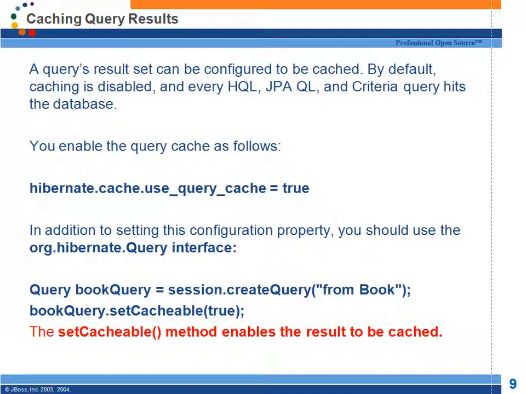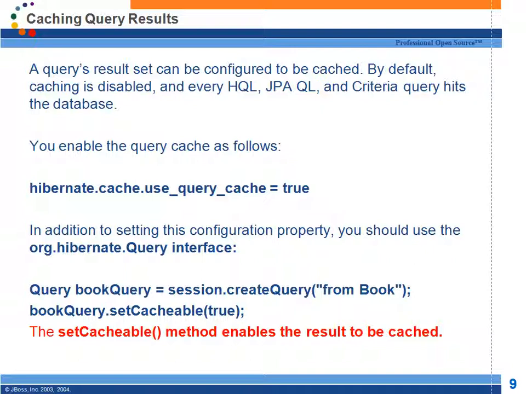So there are basically 3 types of cache regions: class cache, collection cache, and query cache. By default, query caching is not enabled. That means if you fire a SQL query, the result of that is not cached by default.